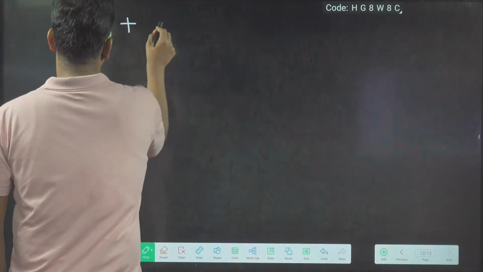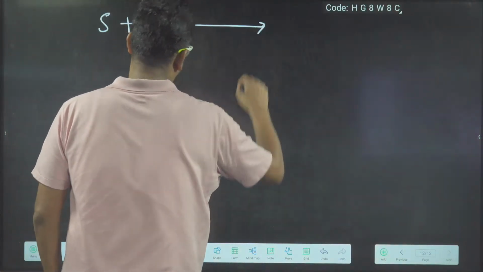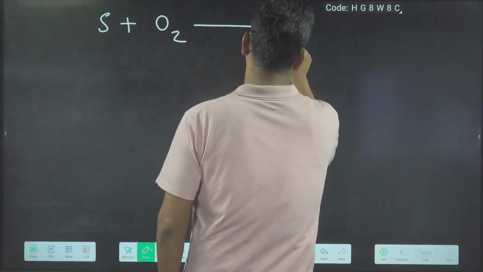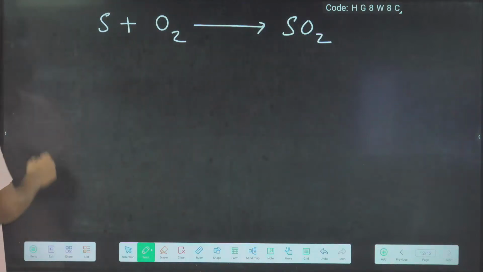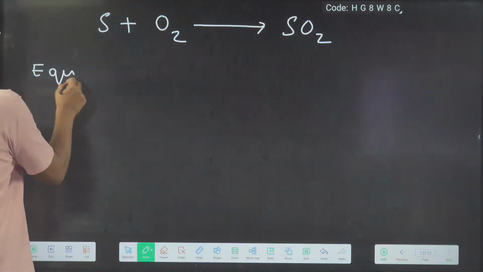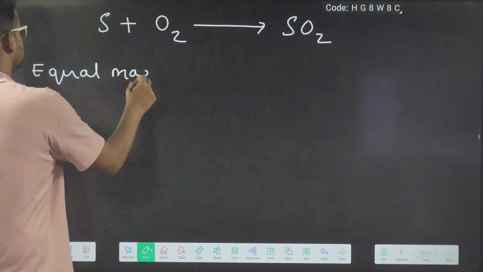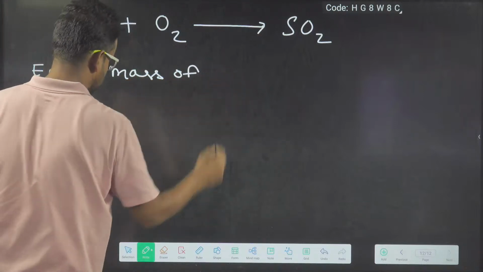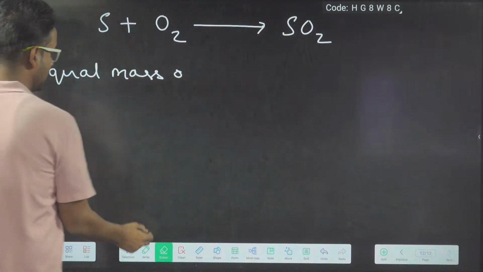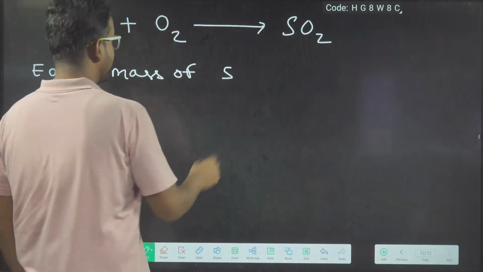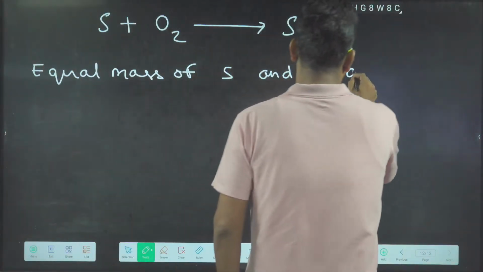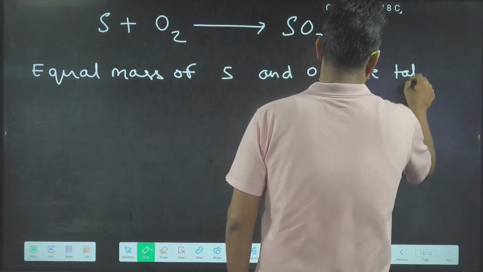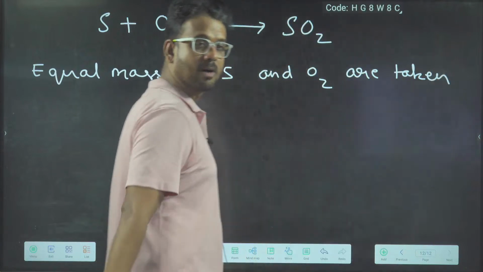Be careful with this. S plus O2 goes to SO2. Equal mass of S and O2 are taken.